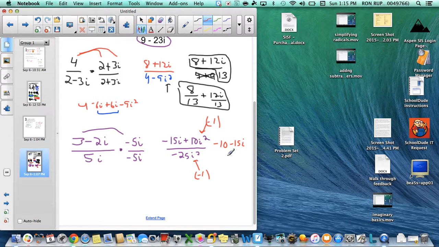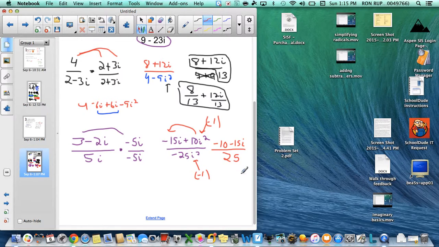I kind of sort of skipped a step here, but positive 10 times negative 1 is negative 10. Remember, we want the numbers to go in front of the imaginary number. So we have negative 10 minus 15i. And then negative 25 times negative 1 is 25.